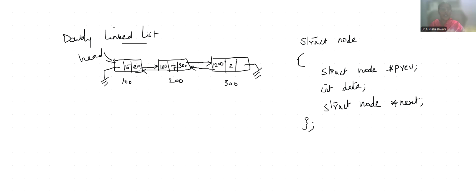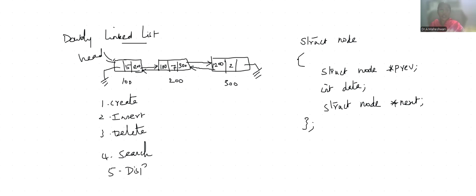Here also we have the same five kinds of operation: create, insert, delete, search, and display. Search and display are the same as the previous lecture. In search, you search for the element and print the position where it is available.